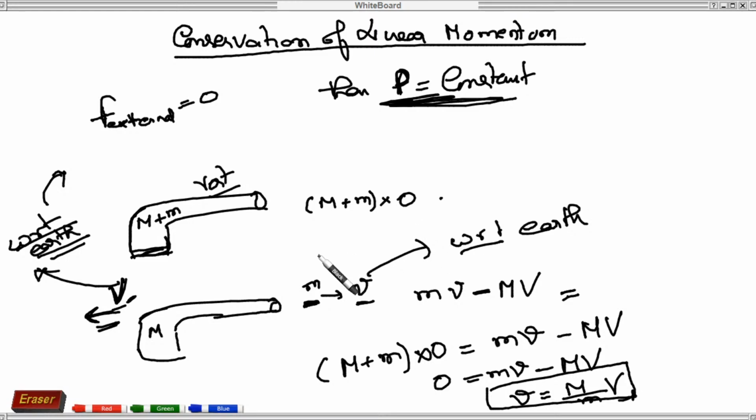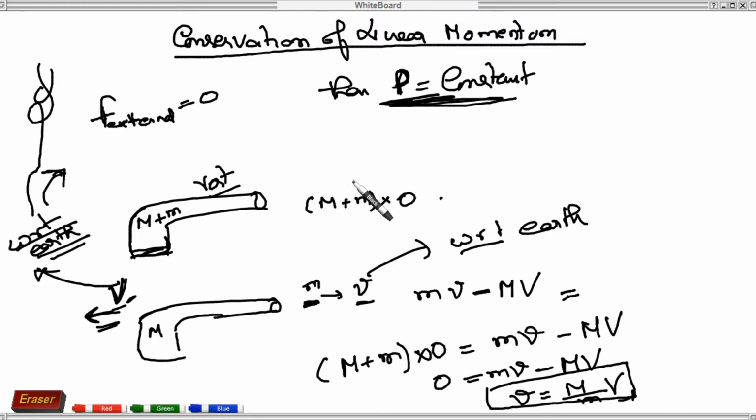No need to use this word frame of reference. You can say as seen from Earth, means with respect to Earth. So this was the thing that I told you in my last class. So I think now you have some idea about what is conservation of momentum.